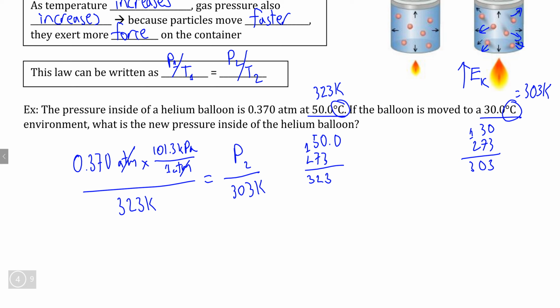And if we want to isolate P2, all we need to do is multiply both sides by 303 degrees Kelvin. So I'm just going to rewrite that equation like this. So here's 303 degrees Kelvin multiplied by our initial pressure conditions. Again, we'll wait till the final step before we actually put this into the calculator.